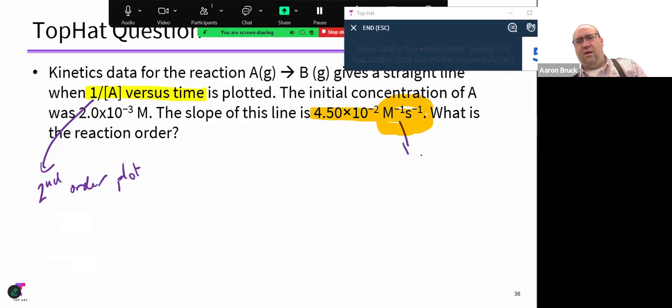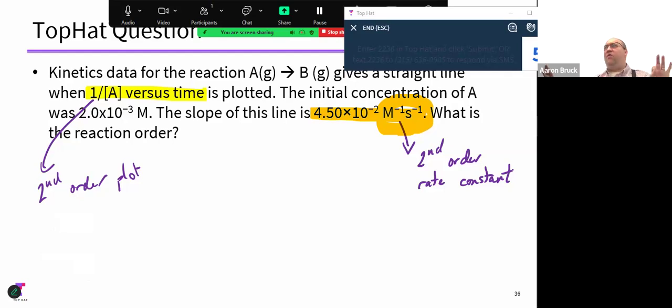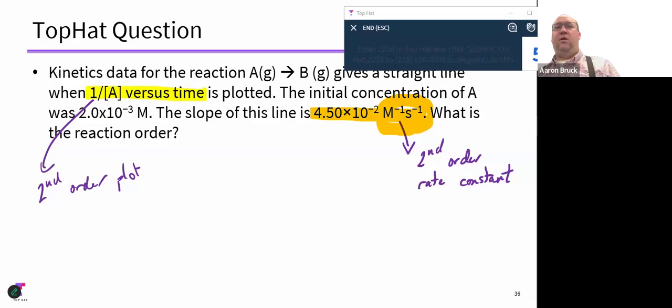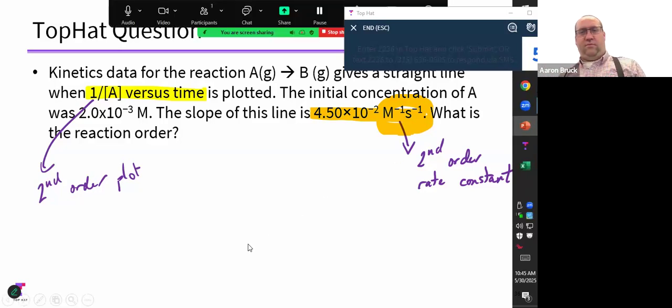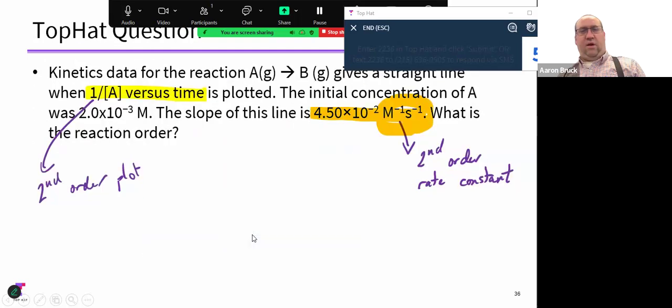Well, that's a second order rate constant. So either of those pieces of information would have been sufficient for you to know that this was a second order reaction. Questions here with that?